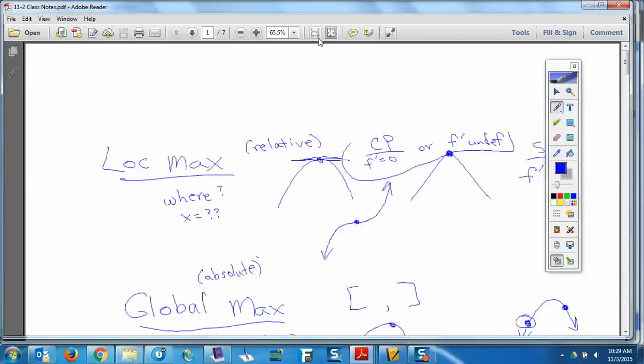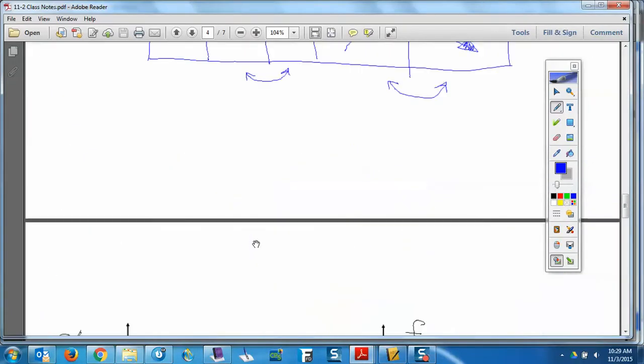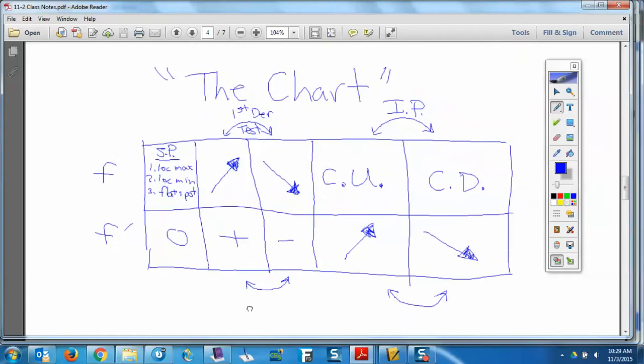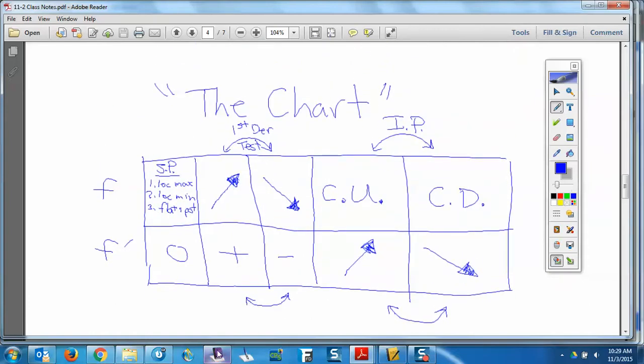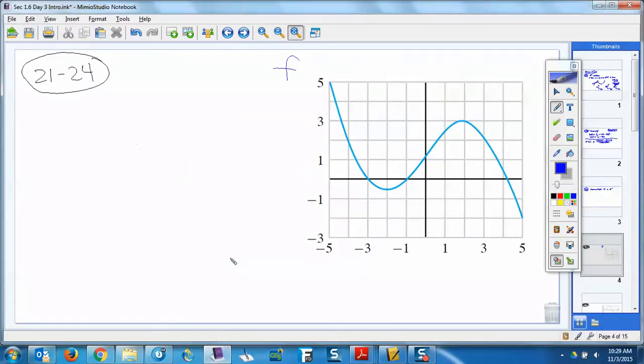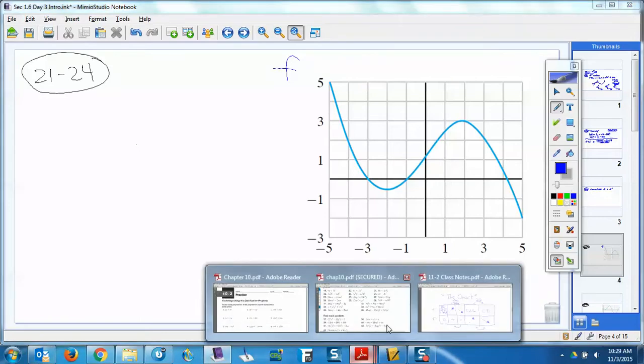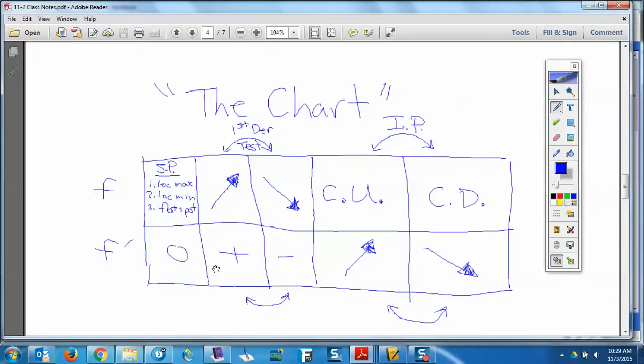Okay, so we had our chart from yesterday. And so the first question, 21, where is F prime negative? Well, you're looking for when F prime is negative. You see how important the chart becomes.